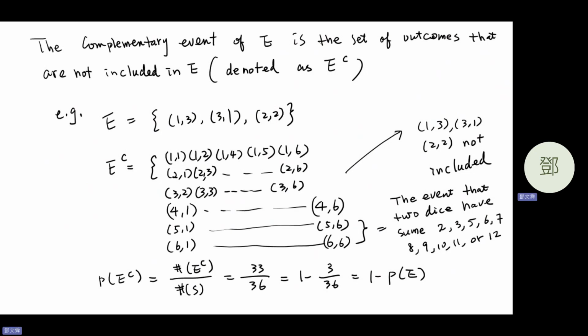There are 33 elements in E complement, and it is the event that two dice have sum 2, 3, 5, 6, 7, 8, 9, 10, 11, 12. There is no 4 here. You see that? There is no 4 here. And I have to make a correction.